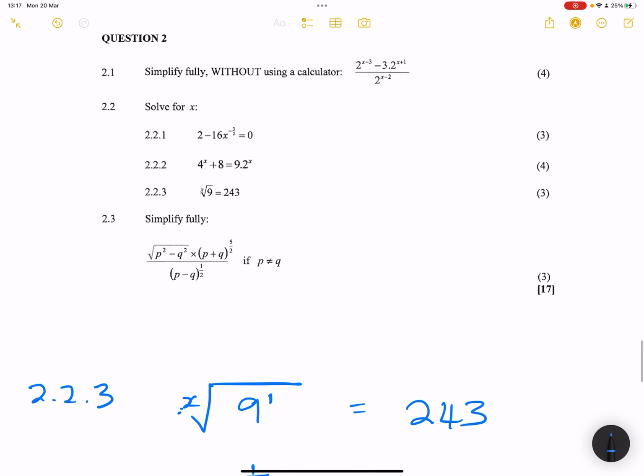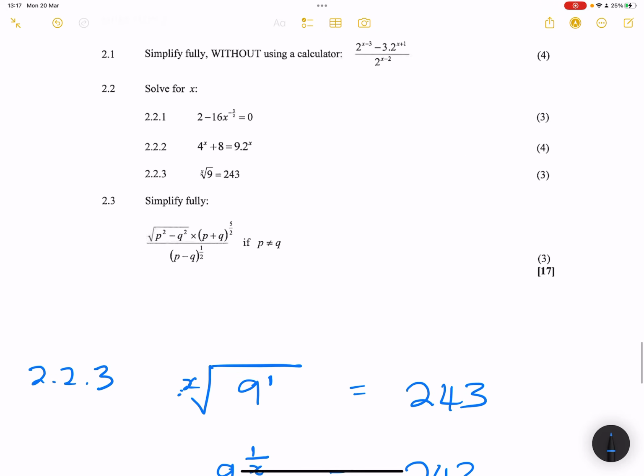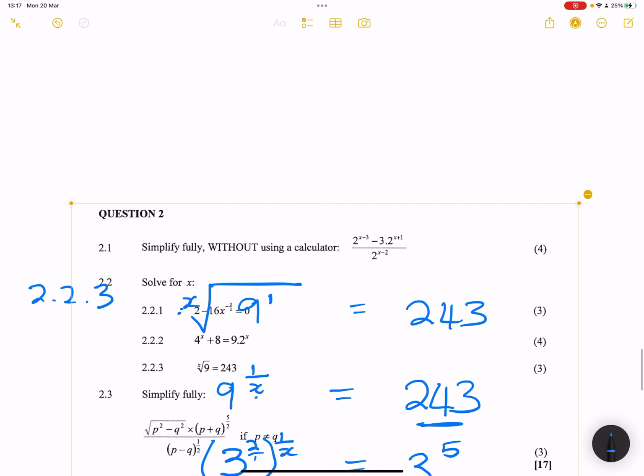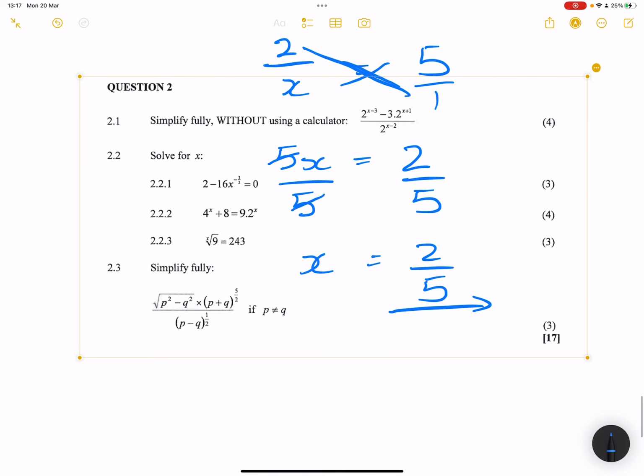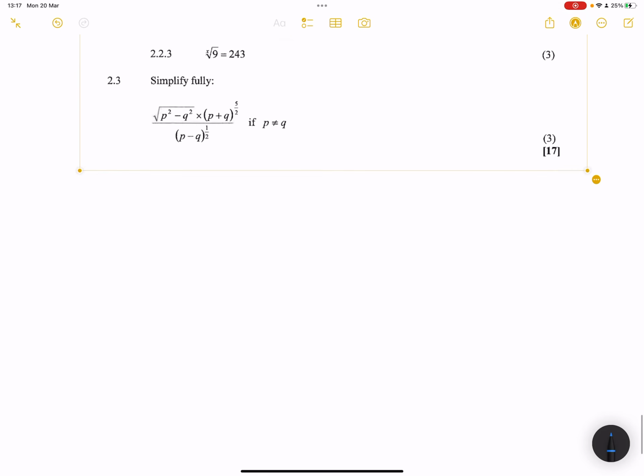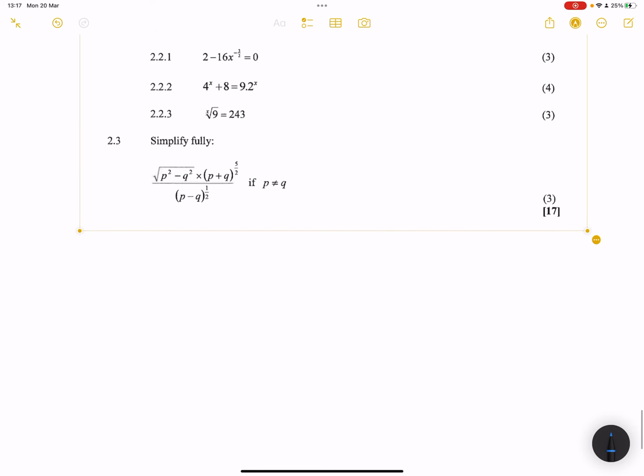All right, now to the next one. Okay, in fact, I would dearly like to have that at the bottom there so that it's easier to deal with. Now they say simplify fully. So we're dealing with 2.3.